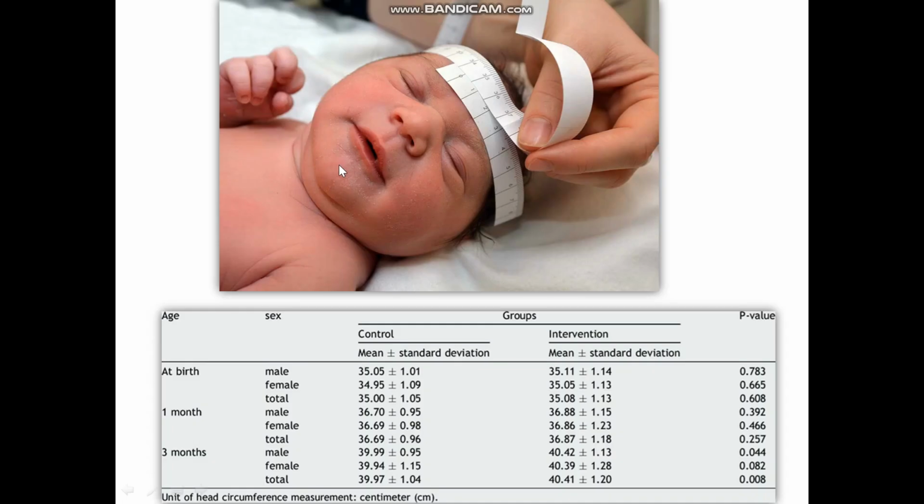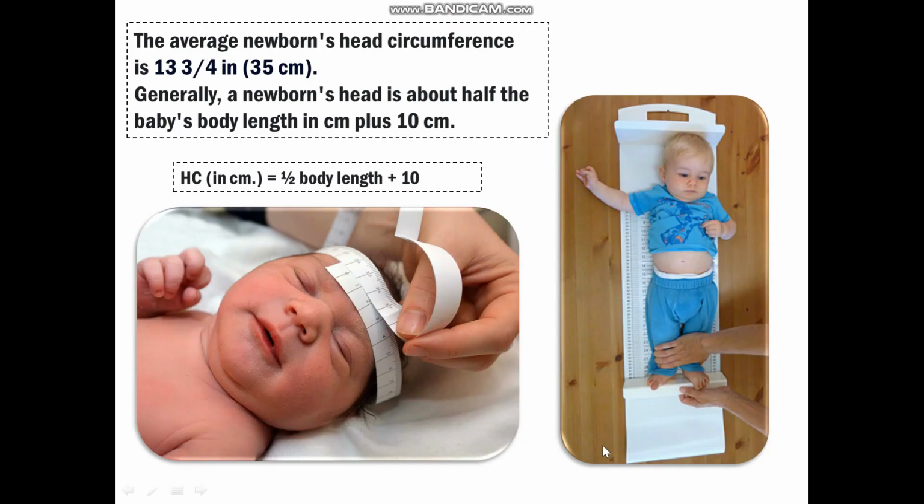Routinely, the head circumference is measured after birth to evaluate the baby's condition. And this is a diagram of the normal head circumference of a neonate. Also, the average newborn's head circumference is 13 and 3/4 inches, which is equivalent to 35 centimeters.